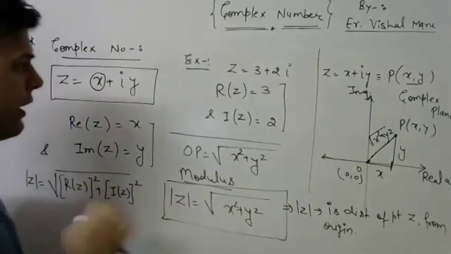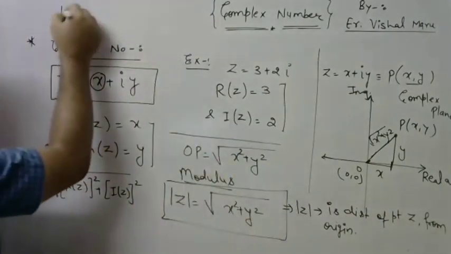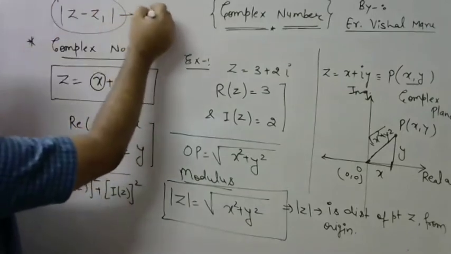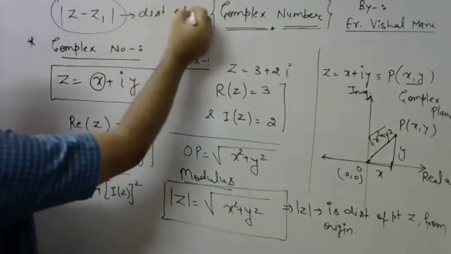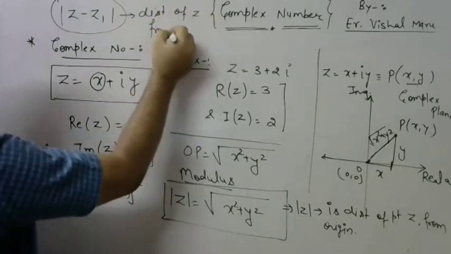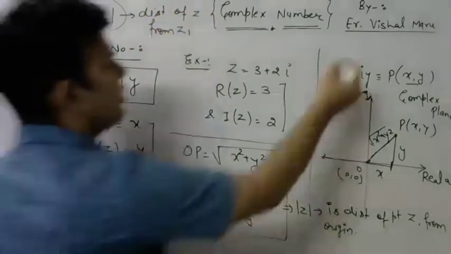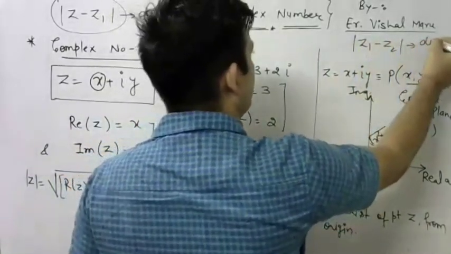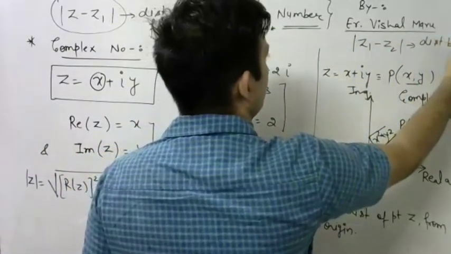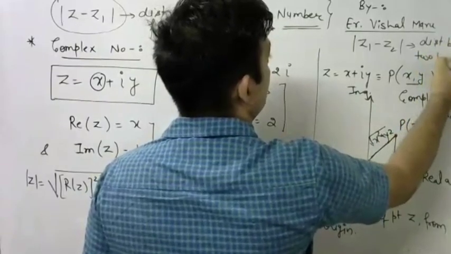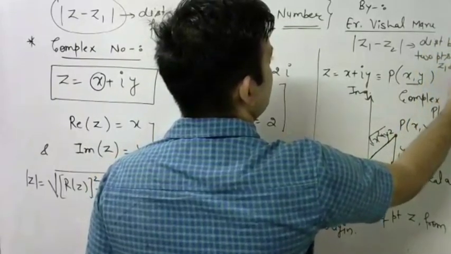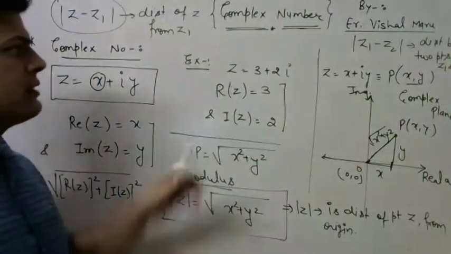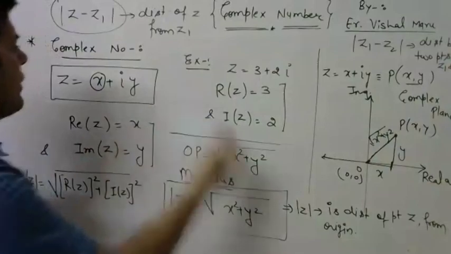So if I define mod of z minus z1, it will be the distance of z from z1. If I define mod of z1 minus z2, it gives the distance between the two points z1 and z2. Okay students, so copy it, then we will discuss more properties and more functions of complex numbers.